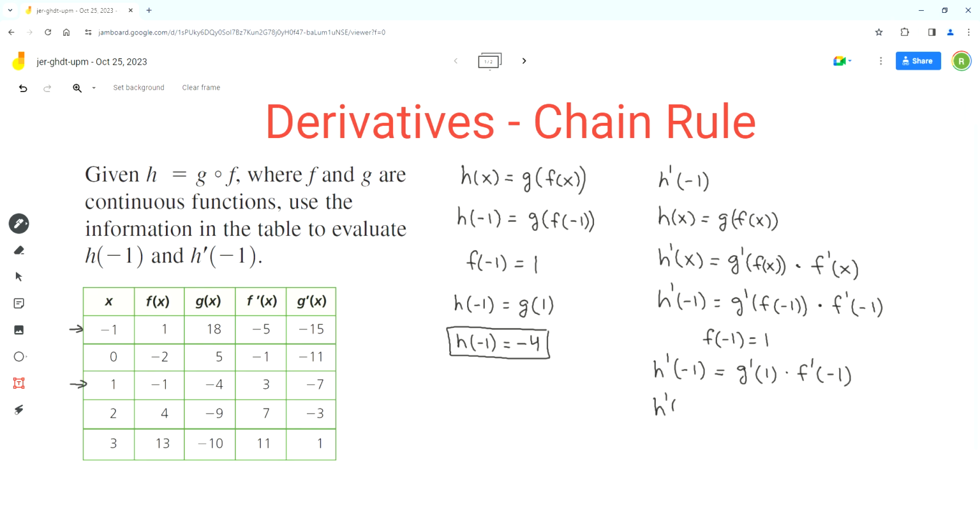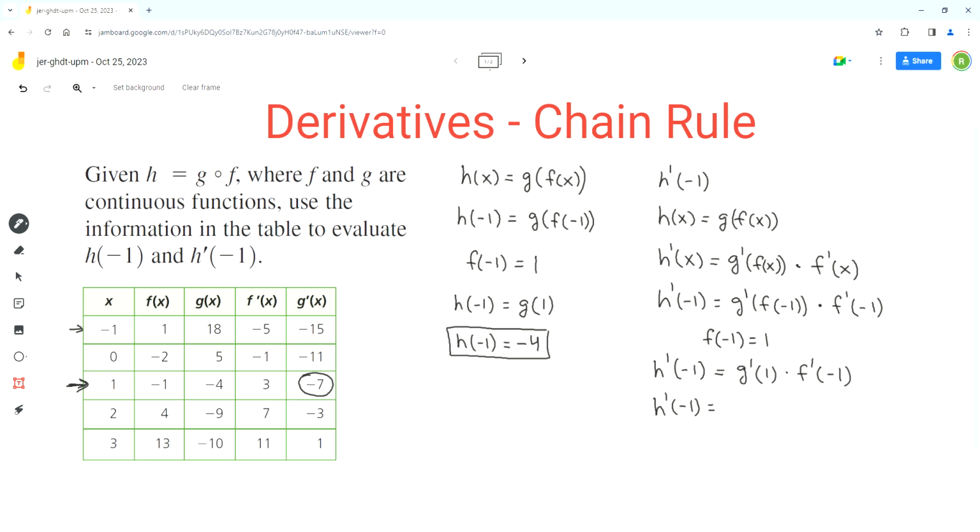Now in the next step we have to find the value of g prime at 1 from this table. For that we'll use the row for x equals 1, and that's again this row. So now we have to go under the column g prime, which is equal to -7.